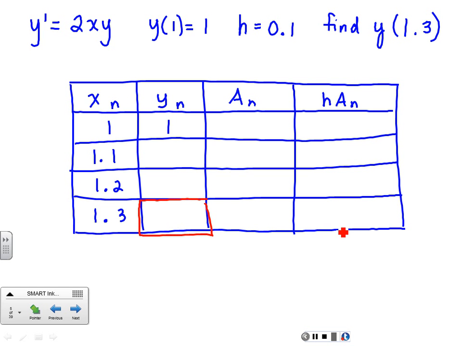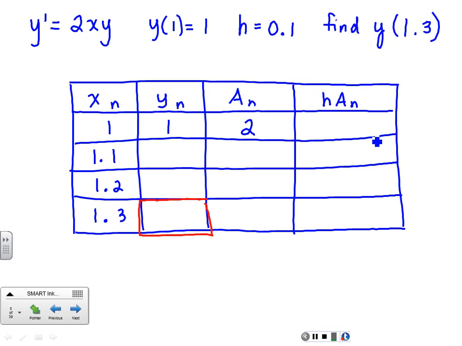That's where we'll have our answer. Okay, so your differential equation that you're given, 2 times x times y. 2 times 1 times 1. What's that give me? 2.